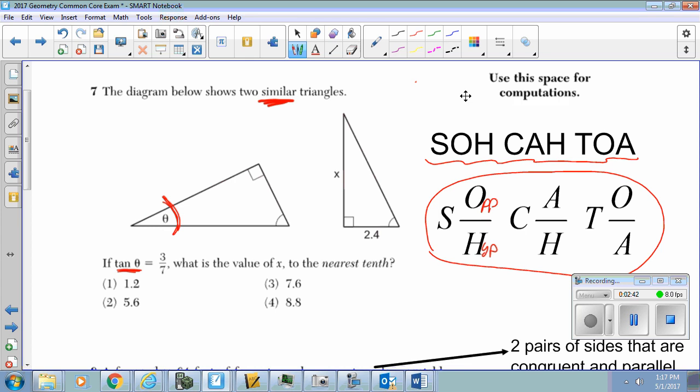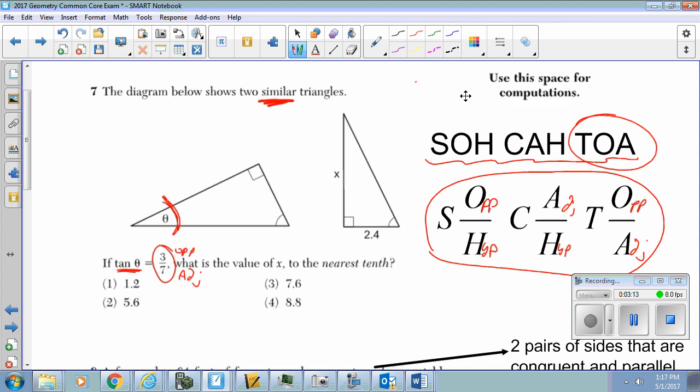It just helps to recognize what you actually need to do. Okay. All right, so tangent is going to be TOA, that's going to be this one, so it's dealing with the opposite and adjacent. All right, now it's different here in that they tell you what the ratio is, that 3 over 7. So we don't necessarily know, well, remember, tangent is opposite over adjacent.